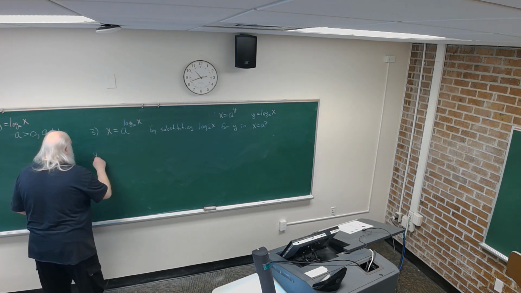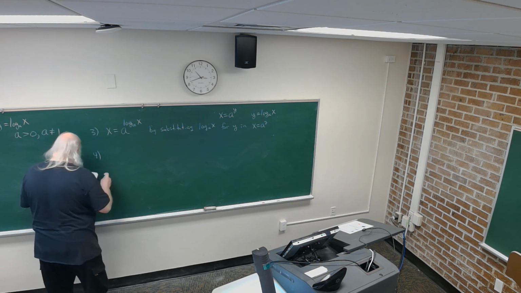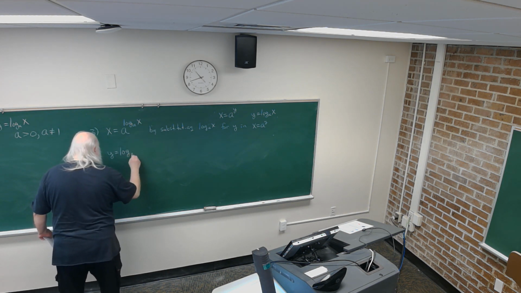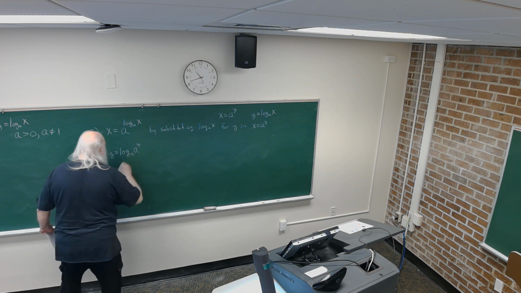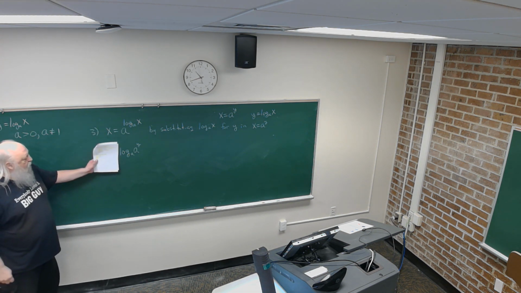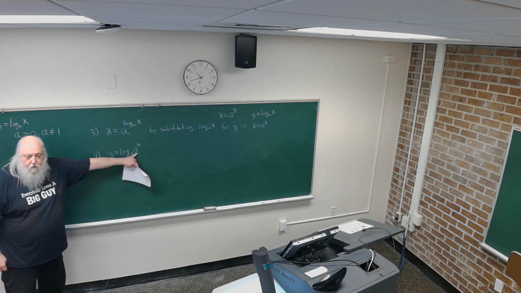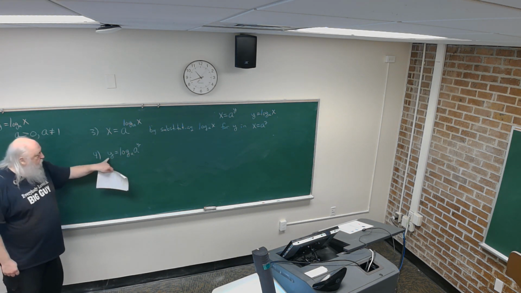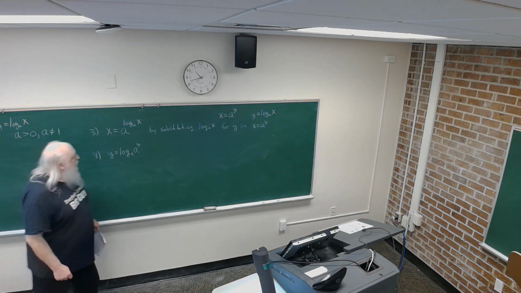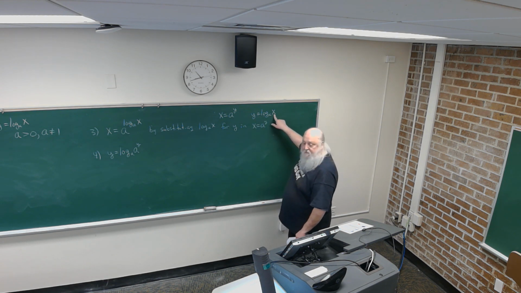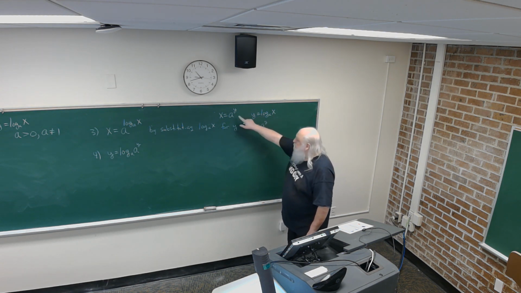And then the fourth property is y, the exponent y is equal to log base a of a to the y power. Okay. So log base a of a to the y power, so the input is a to the y power now. And log base a of a to the y power is just equal to y. And how did I get that? In y equals log base a of x, I just replace x with a to the y, because that's what it's equal to.